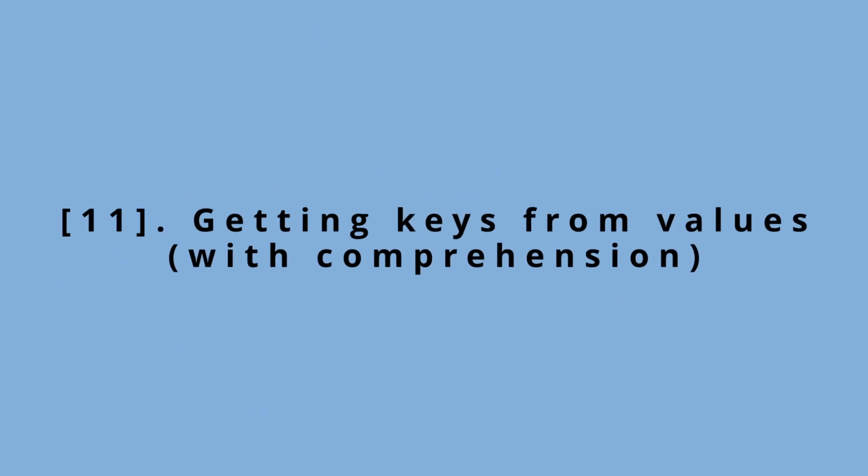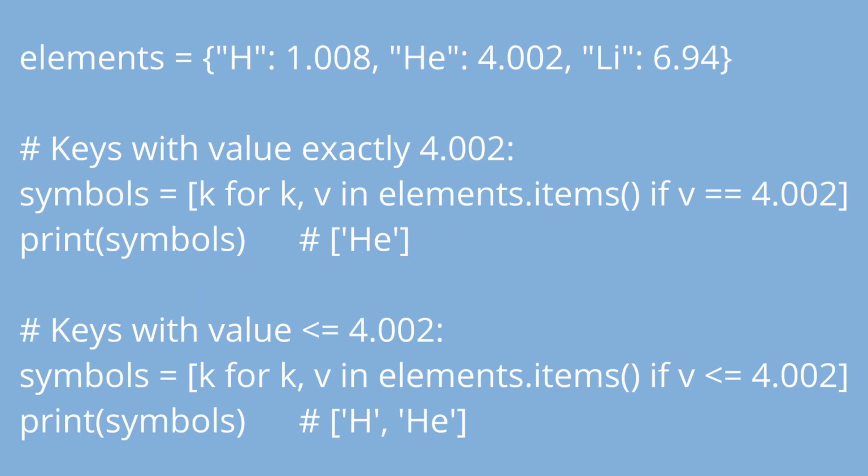Getting keys from values with comprehension. Sometimes you want reverse lookup: which elements have this mass? To find keys with value exactly 4.002, symbols equals k for k, v in elements.items if v equals 4.002, which gives HE as expected.